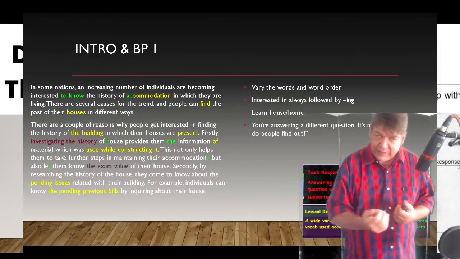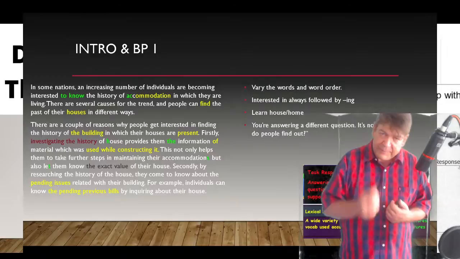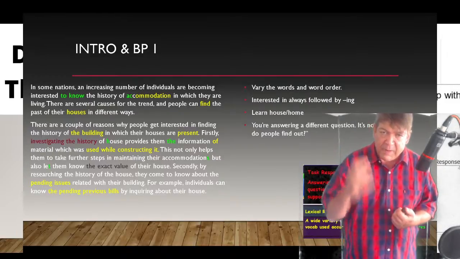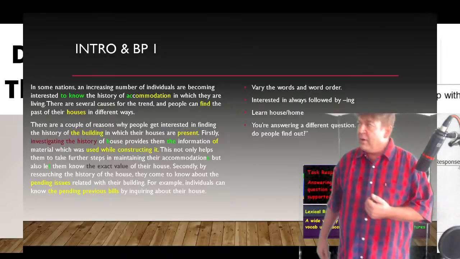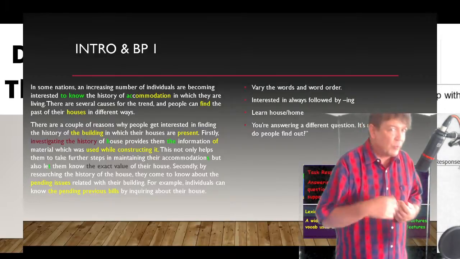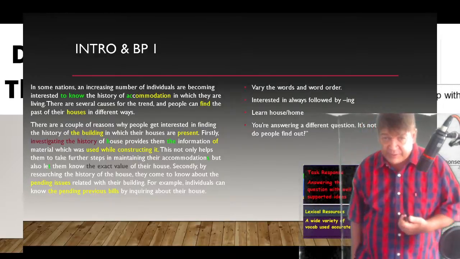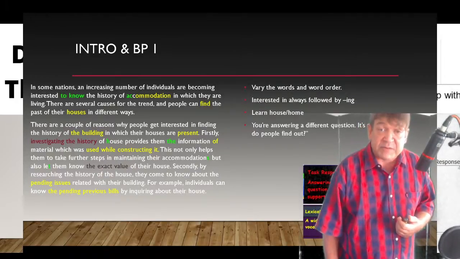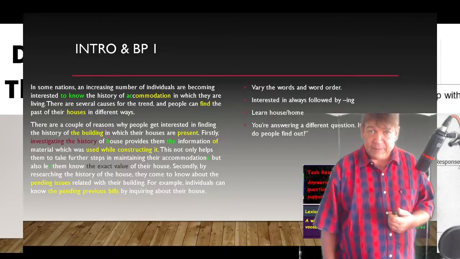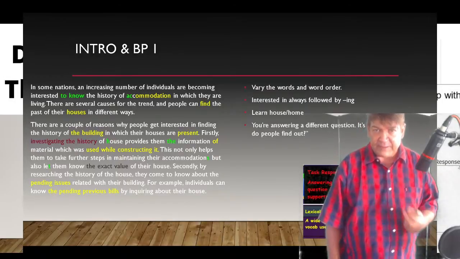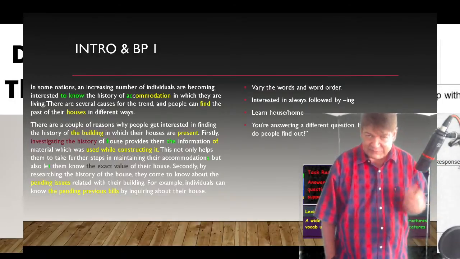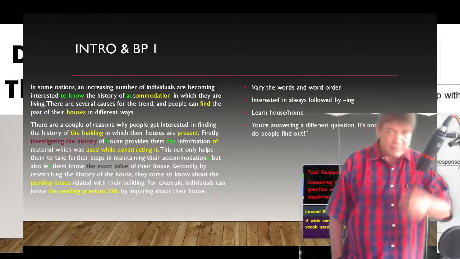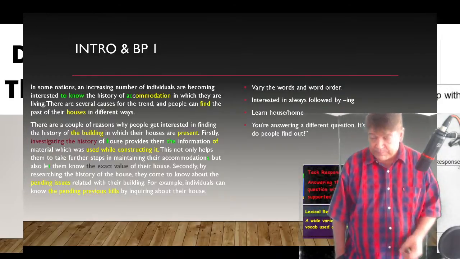Here they want you to say the reason is people want to know what their homes are made out of, and research into its history is one of the best ways to do that. Okay, so you've connected it. It might be silly; you can just find out by looking at it. But if you present it the right way, it doesn't matter what your ideas are.